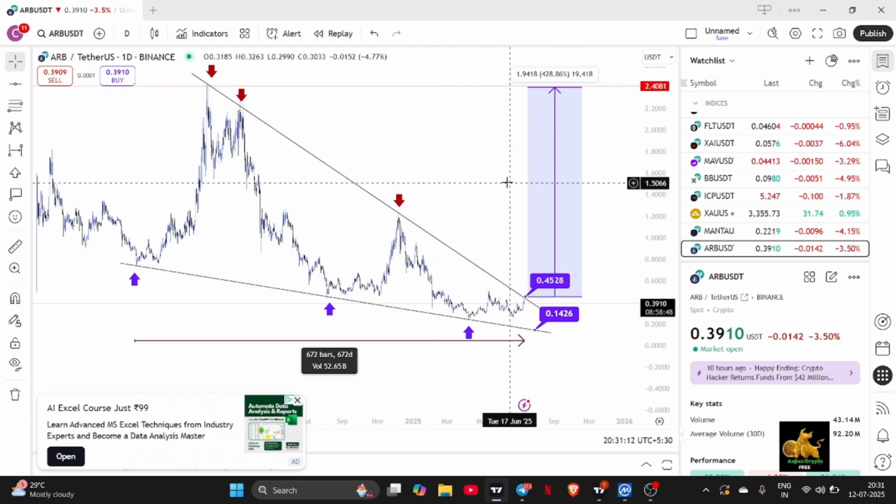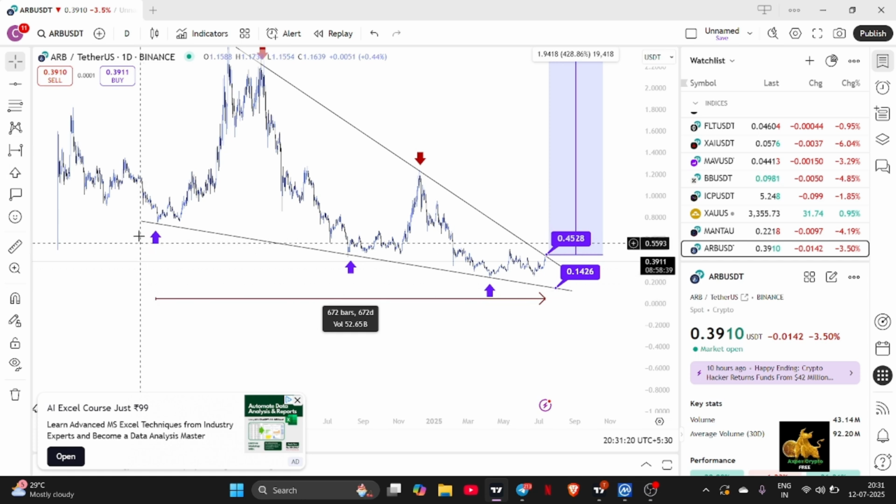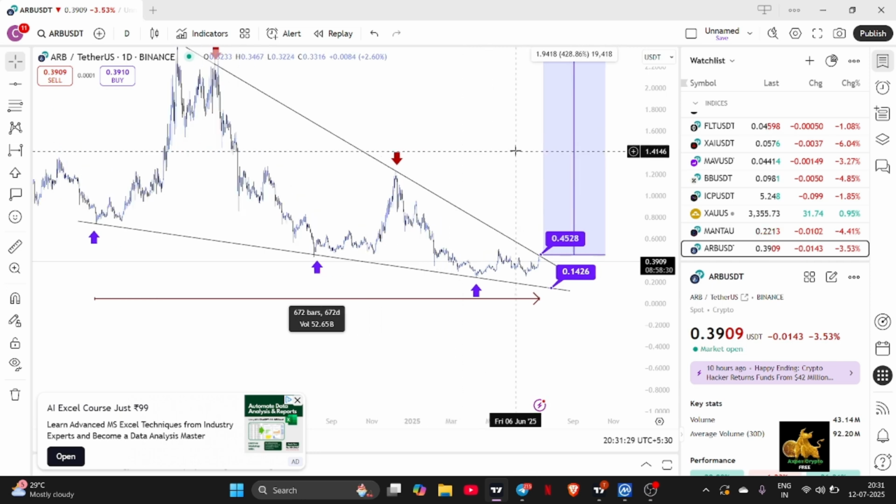You can also see ARB consolidating in the falling wedge chart pattern for around 672 days, but it's time for ARB to break out.